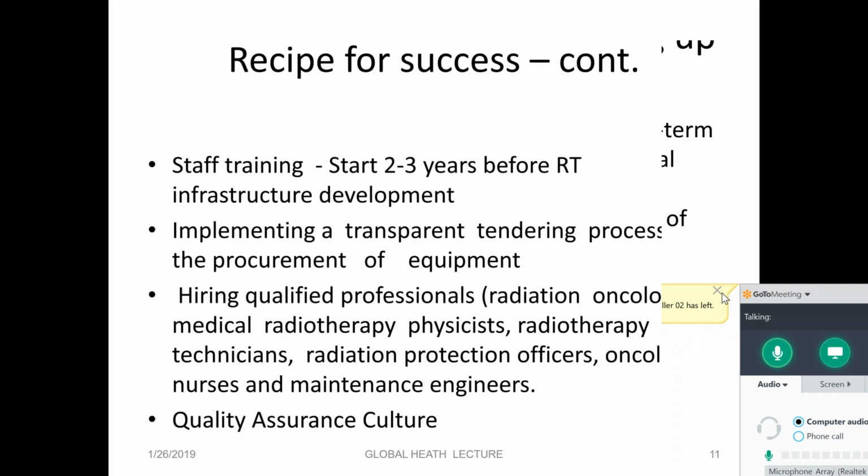Then the recipe for success is when one is planning to set up a radiotherapy, there's got to be a systematic, comprehensive process of planning of radiotherapy at the national level. In other words, if you're thinking of having a facility in a country, the national level should be involved.